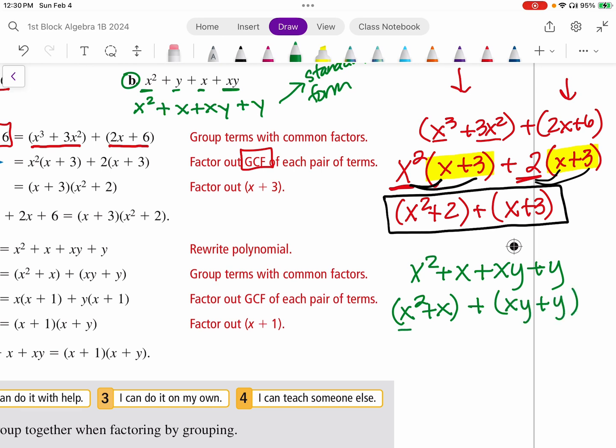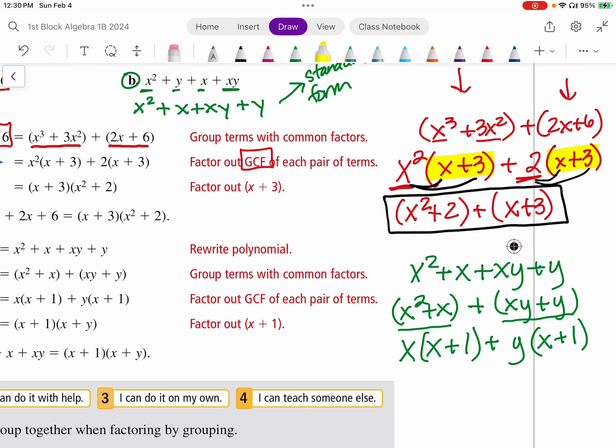Now we look for the greatest common factor of x squared and x. I can factor out x. X times x is x squared, and x times 1 is x. Now what can I factor out of xy plus y? Well, a y. Y times x is xy, and y times 1 is y.